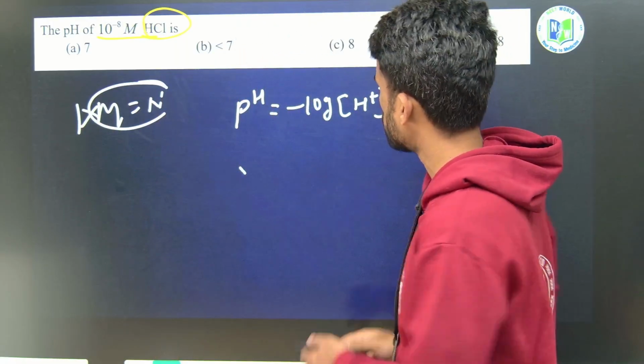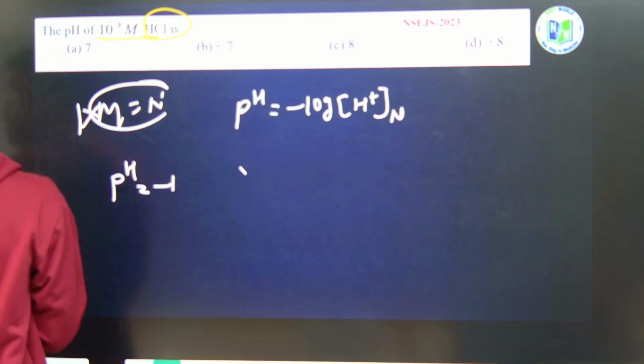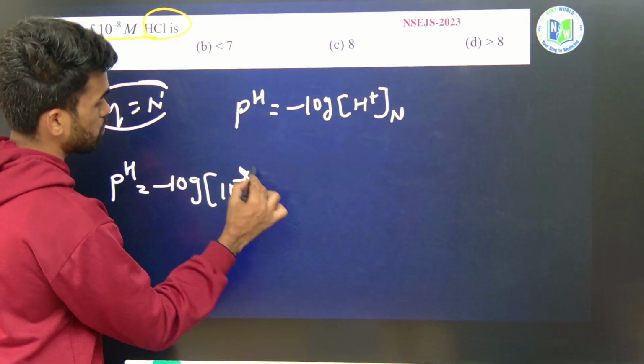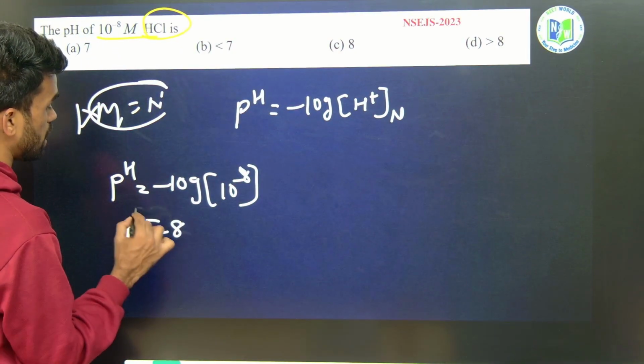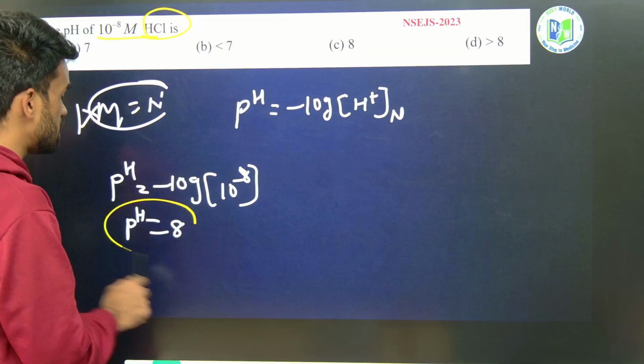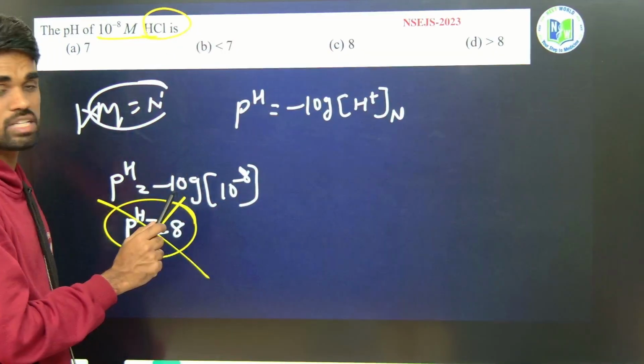So if you directly substitute the given value, your answer will be minus log of 10 power minus 8, which means you are going to get 8. pH 8 means acidic or basic? This indicates the solution is basic. The temperature is not mentioned, so take it as 25 degrees Celsius.